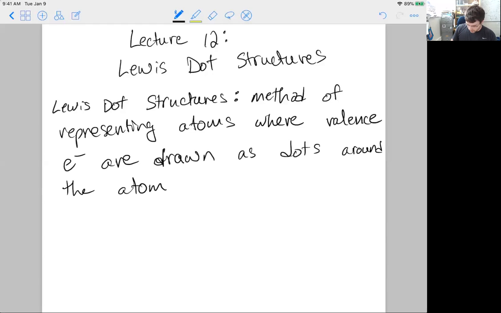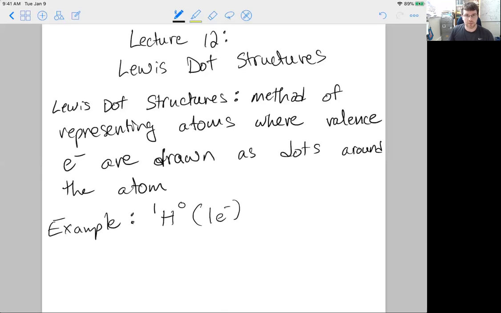Okay, so for example, let's look at the most simple example, and that is hydrogen with a zero charge. So if we had hydrogen with a zero charge, we could put a 1. The atomic mass isn't super relevant here. We just need to know the total number of electrons that we're dealing with, and we're going to only consider the valence electrons as we're depicting these things.